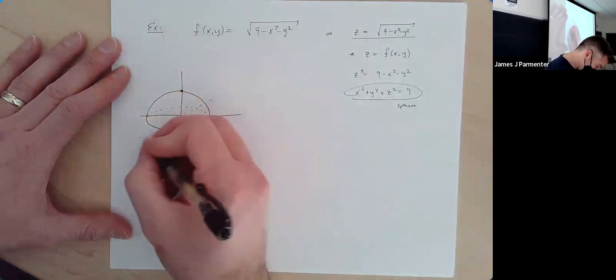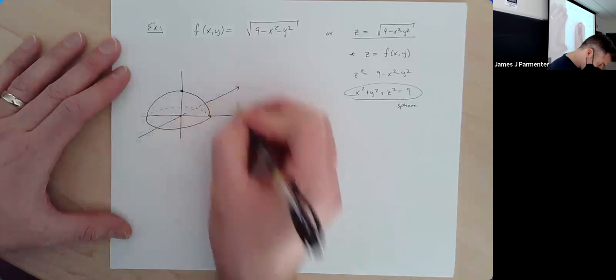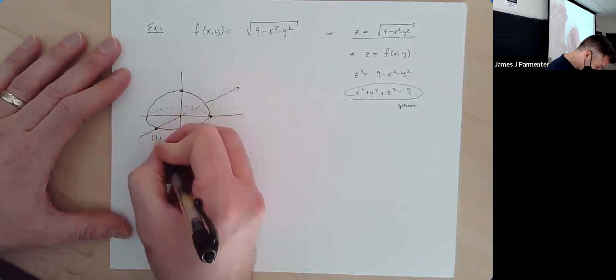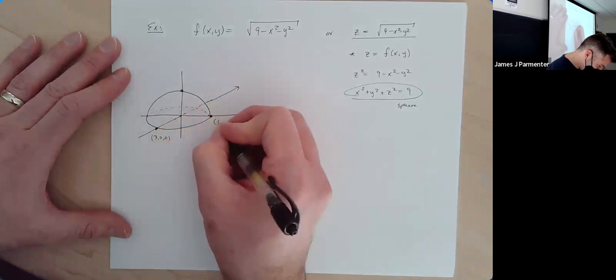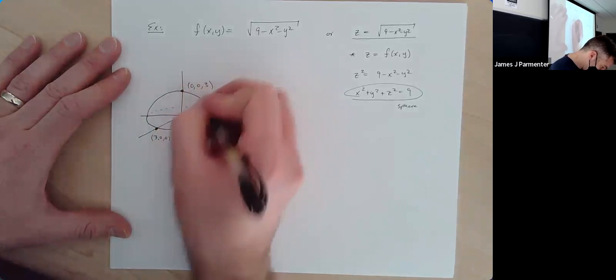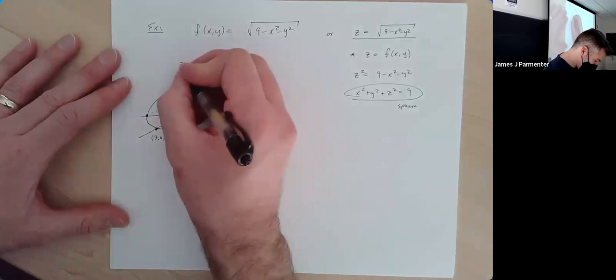That looks all right. And so this would be the point 3, 0, 0. This would be the point 0, 3, 0, and 0, 0, 3. Not that we need to label all these, but it's nice to see what they are.